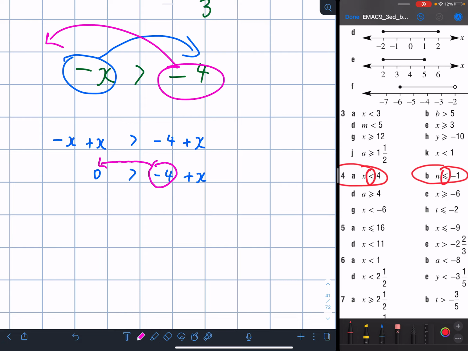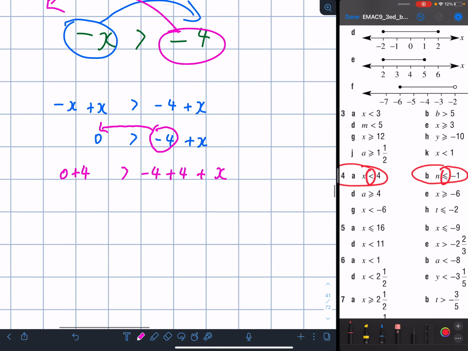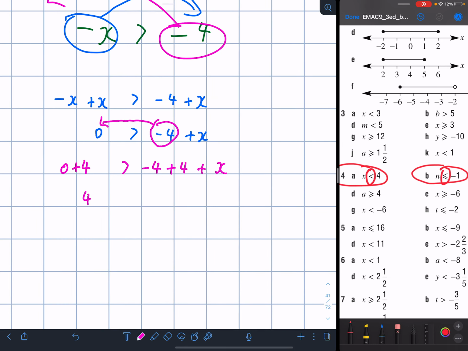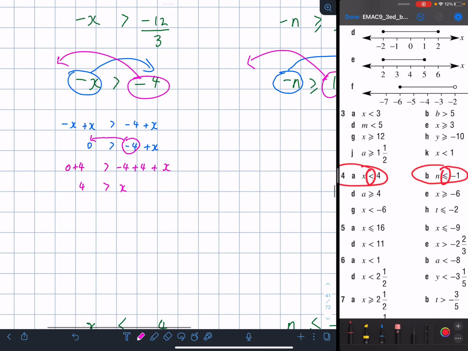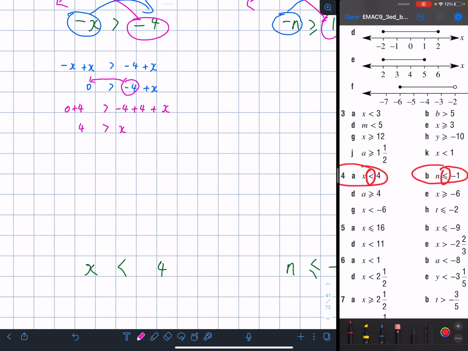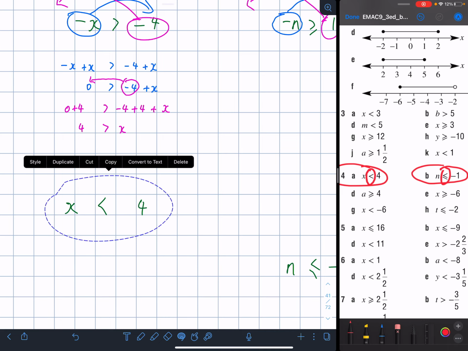And so what we do in that situation is we need to add 4 to both sides. And so that gives us 4 is greater than x. Okay. Is that still our answer or not? You can see they're the other way around. So we're not there yet.